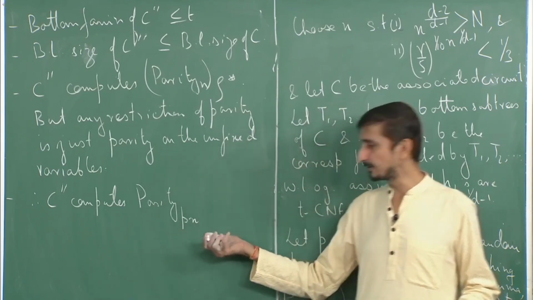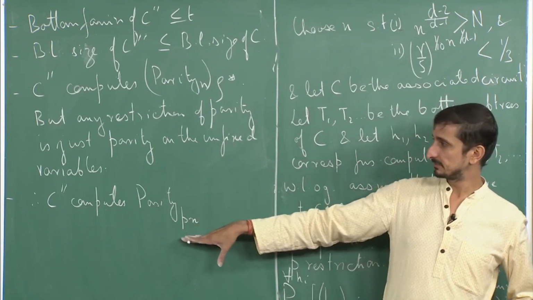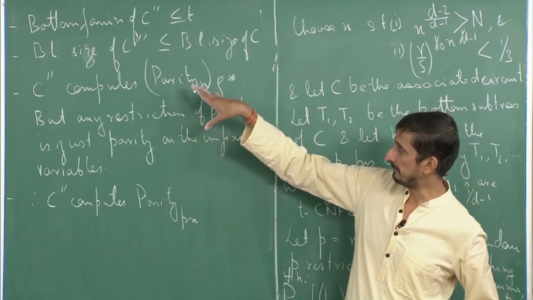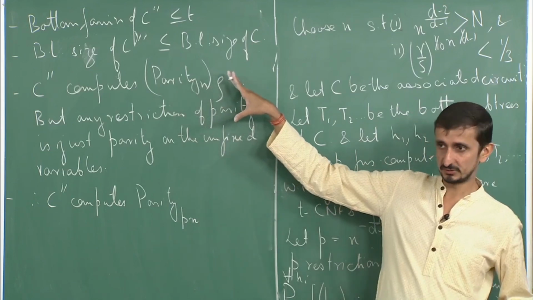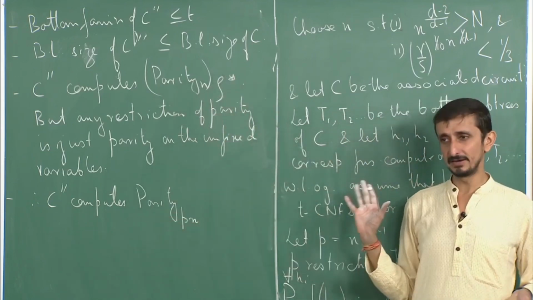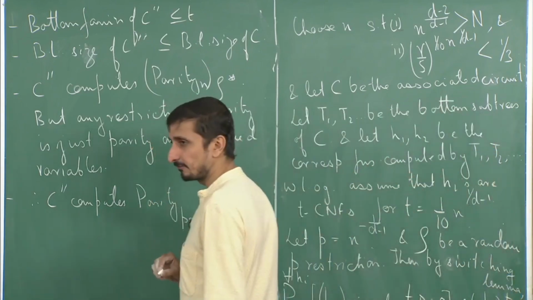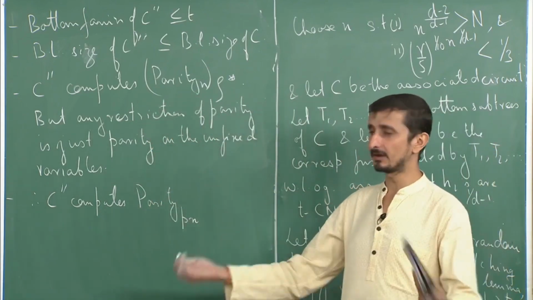So, only these many unfixed variables remain after this restriction rho star. Okay. So, C double prime is computing parity on these many variables, correct. Now, what is the value of P, or how many variables are remaining unfixed now?